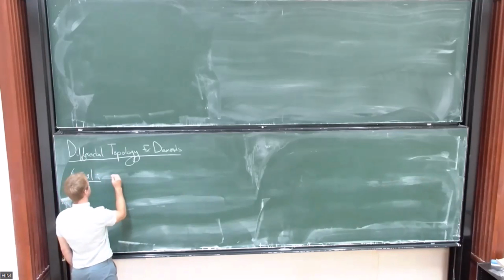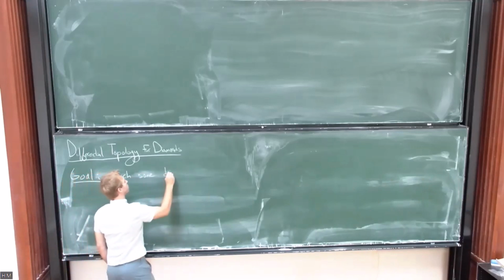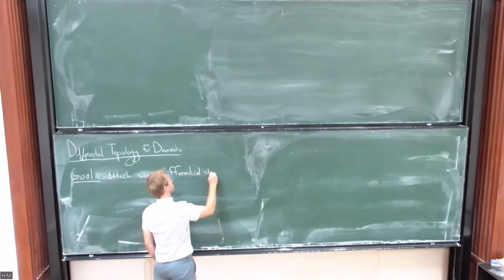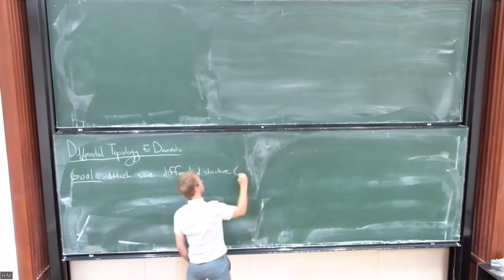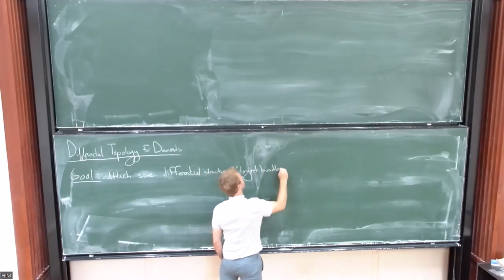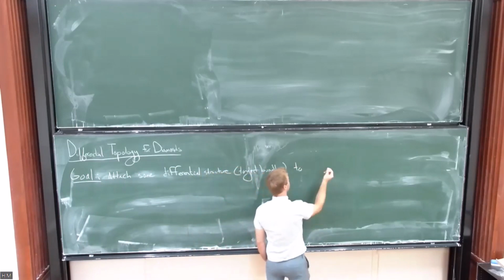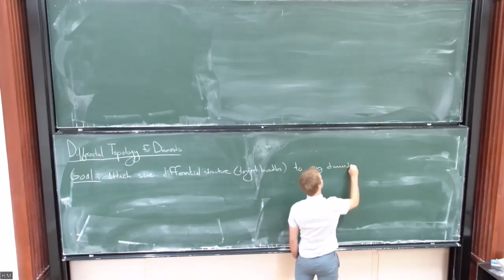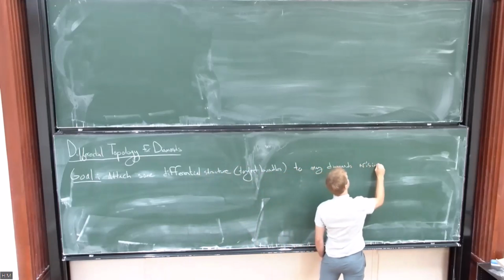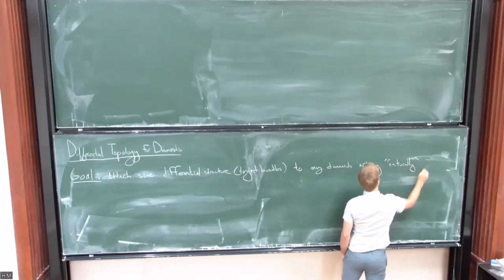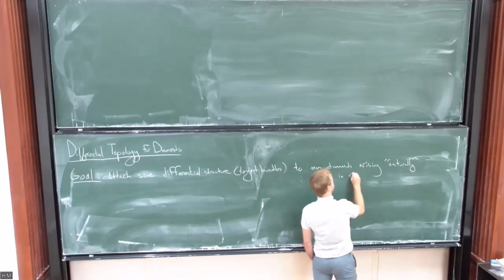So the goal is to attach some differential structures, in this case tangent bundles, to many diamonds arising, or whatever you want to mean by this, but naturally in the study of rigid analytic varieties.